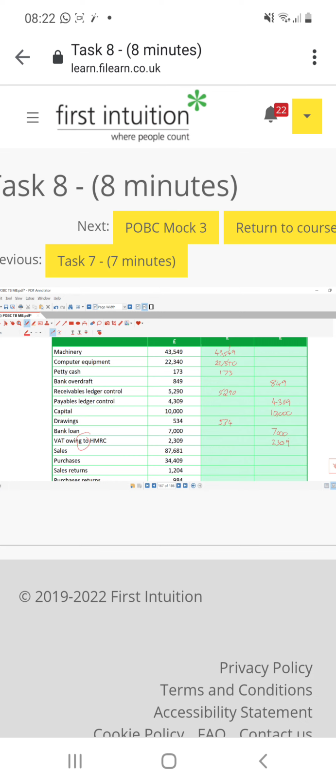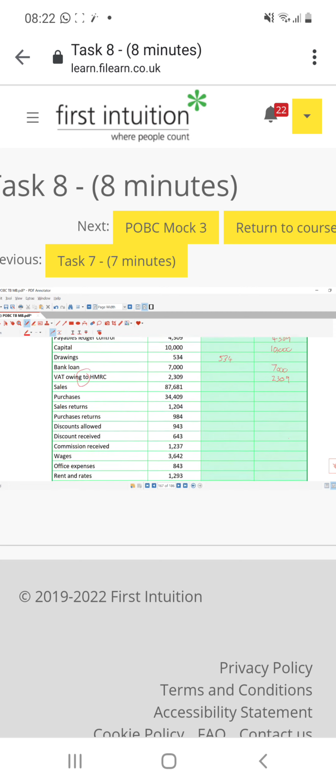So for all of these first few here, it is just a case of taking each of these balances and saying whatever they are, an asset, a liability, an income, an expense, and putting them into the correct debit or credit column. What we do have next though is our sales of 87,681.